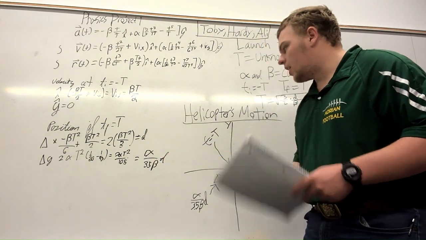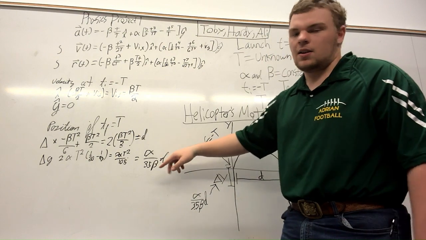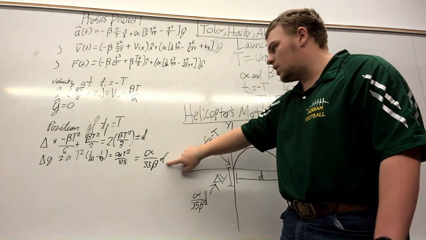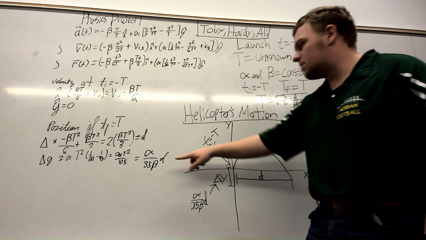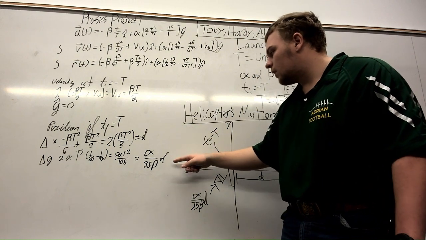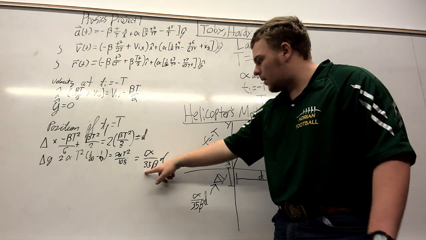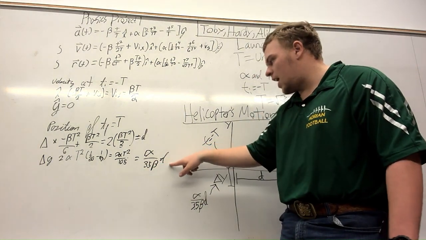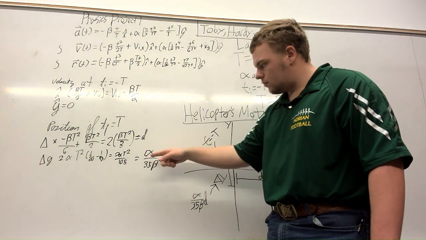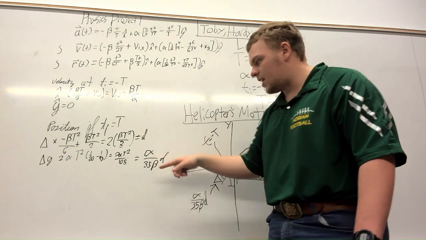Now, we can assume that the change in y is either going to be smaller or larger than d, because we have a big number, 35 times beta, and alpha is divided by this.